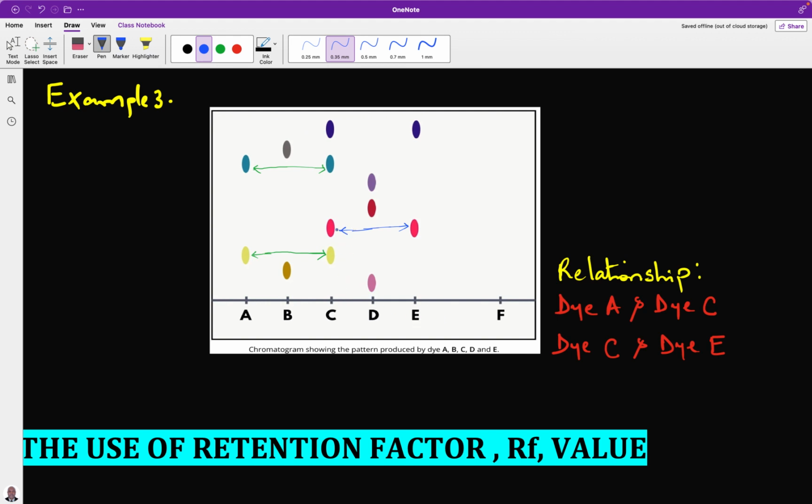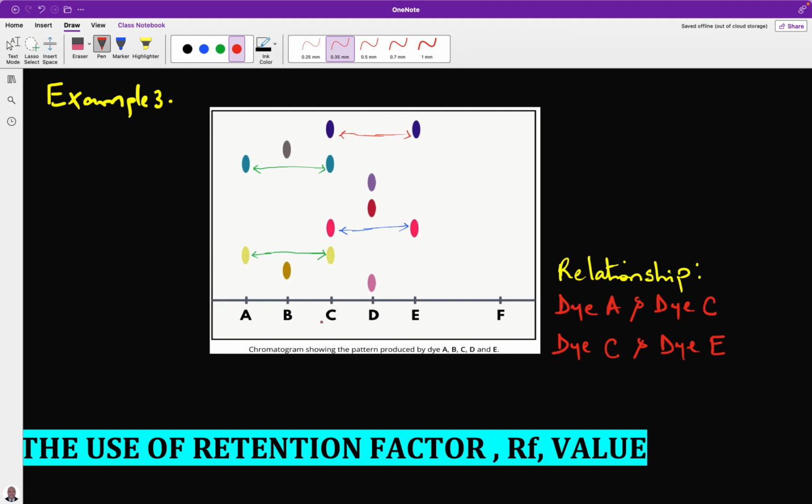Again, if we go up the paper, many components have traveled up the paper. At this end here, you see that the deep blue present in C is also present in E. So we now say they have something in common.